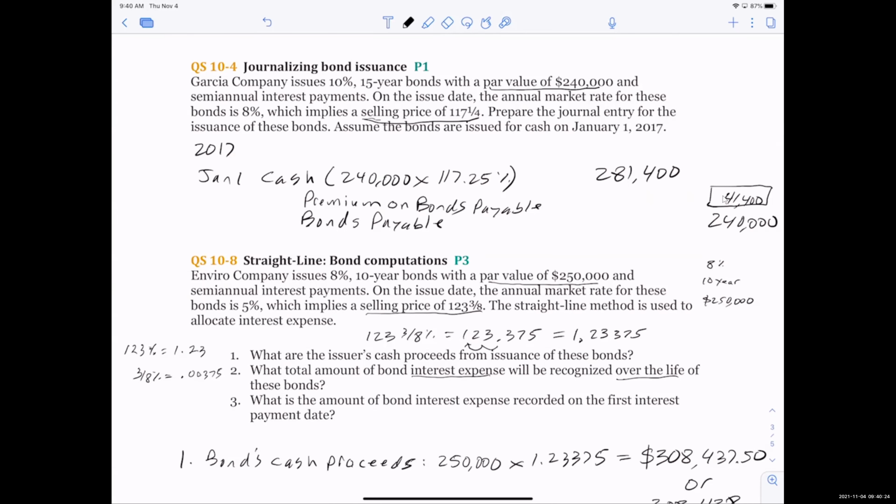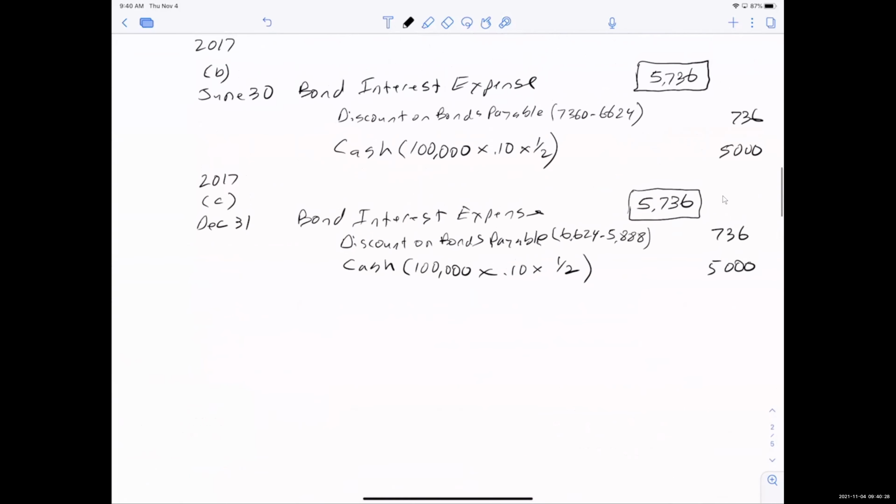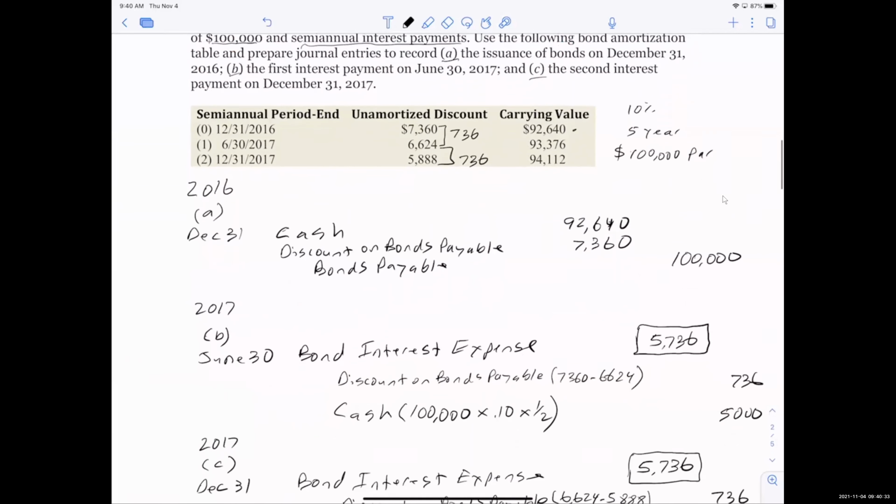And anyway, I'm going to show you something here. Have you noticed that on a bond discount, we're going to debit that? That's just extra interest expense waiting to be allocated. You know, interest expense is a debit balance, right? And so is the discount on bonds.